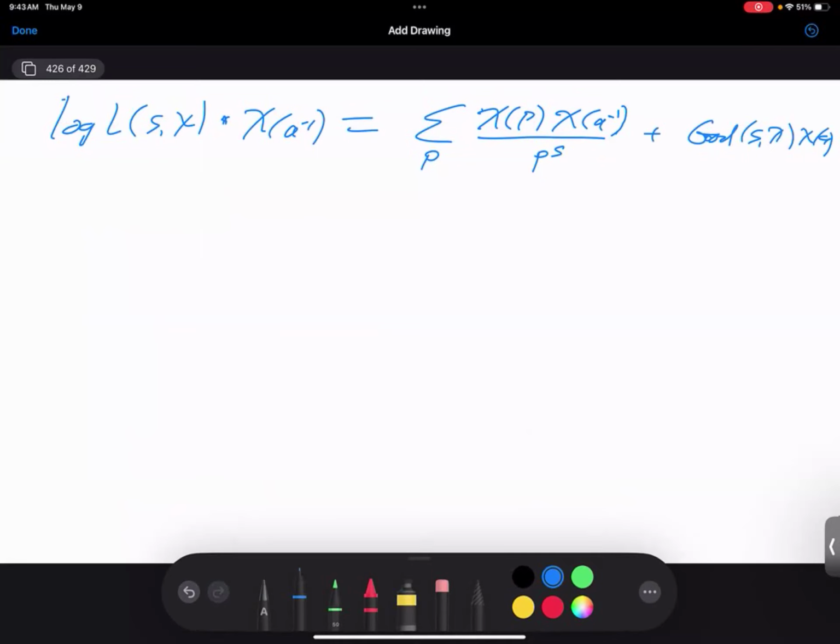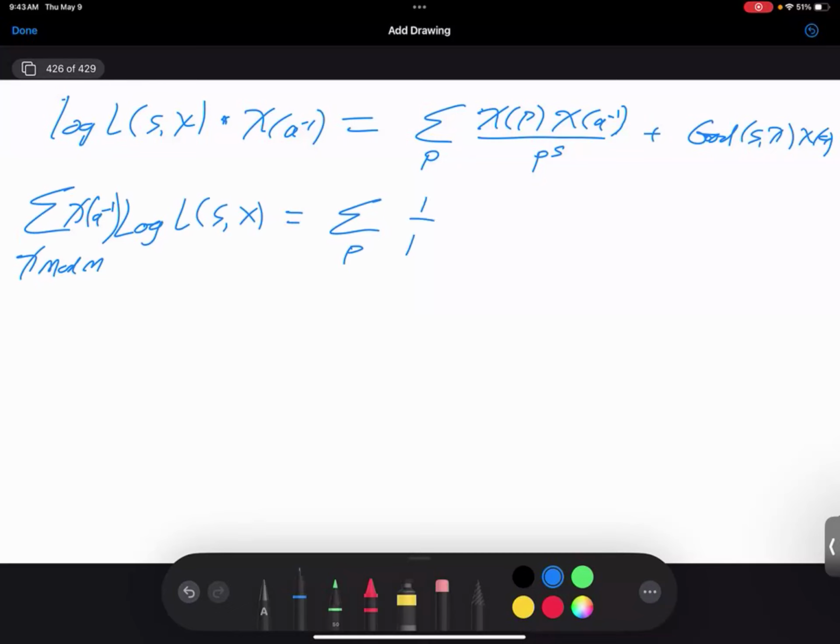And now if we look at the sum over all chi mod m of the log of L(s, chi), and I'll put the chi of a inverse in front, doesn't really matter. This is going to be the sum over all the primes. I'm going to just switch the orders. And yes, I warned earlier today that you have to be careful about switching orders. That was a long time ago.